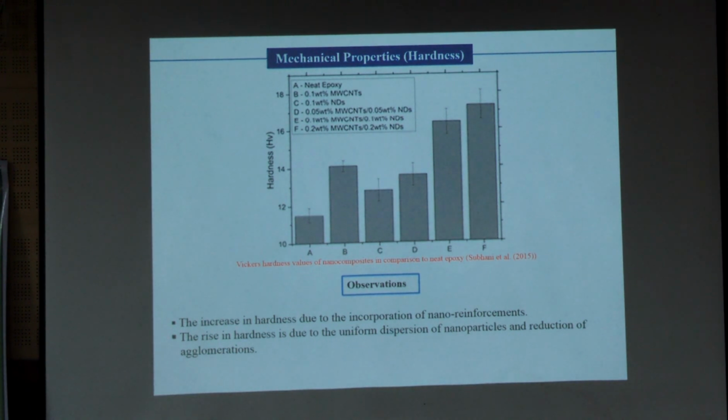And also the rise in hardness is due to the uniform dispersion of nanoparticles as well as the reduction of agglomeration. So if you go on increasing the percentage, there may be agglomeration, that is nanoparticles may not be uniformly distributed and the properties may not be uniformly there.